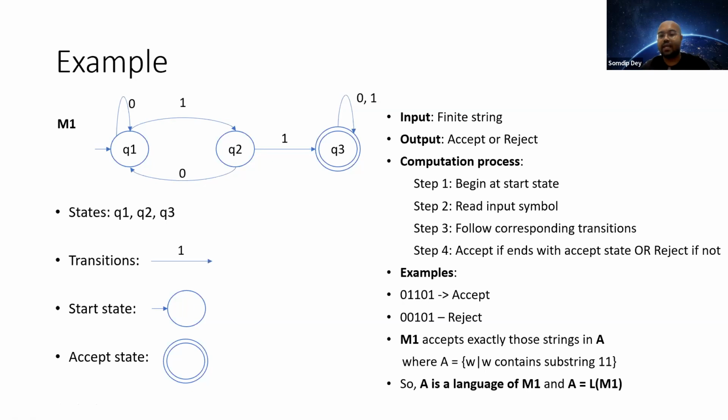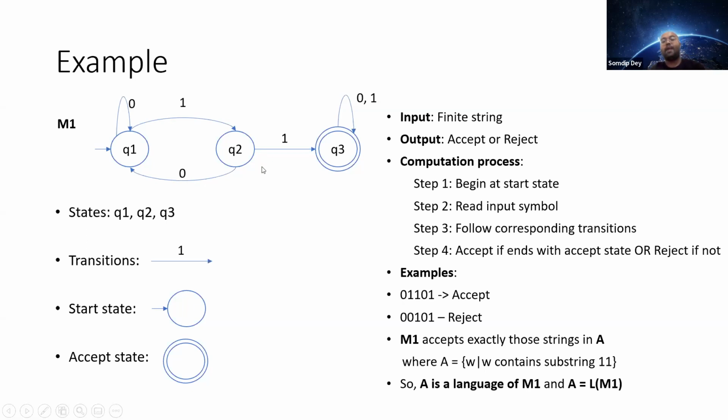Another pattern that you can see is that this machine, in order to accept any string, has a commonality. That common thing is, if a string contains the substring 1 1, then only this machine M1 will accept that string.